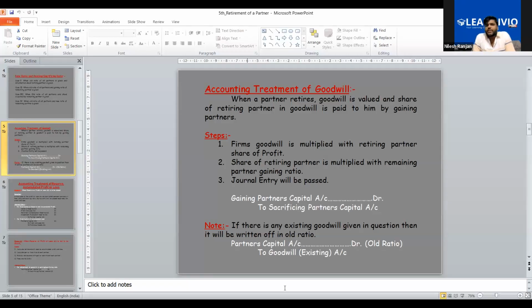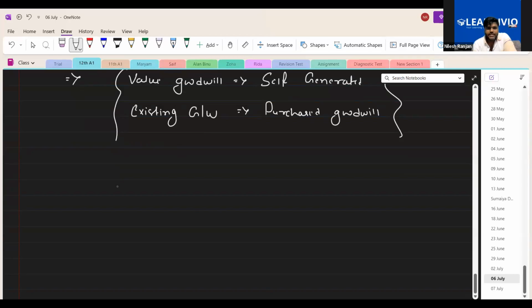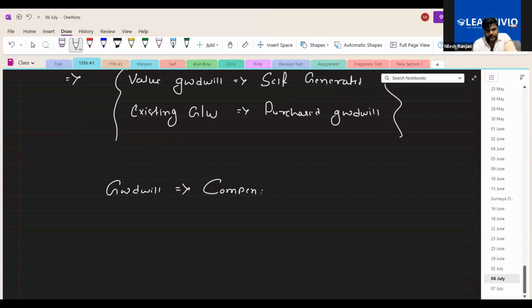So when a partner retires, goodwill is valued and the share of the retiring partner in goodwill is paid to him by the gaining partners. First of all, you have to understand that goodwill is a compensation. Compensation for what?